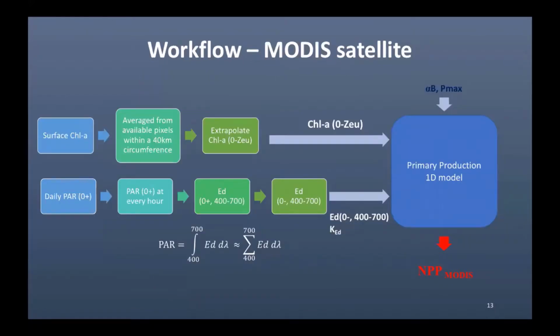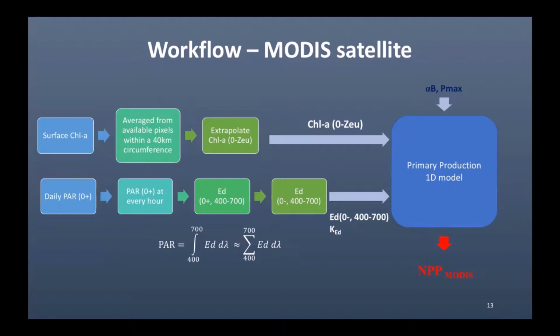For the satellite data, the surface chlorophyll concentration is averaged from the nearest 100 pixels available within the 40-kilometer circumference of the CCycler location. Then I extrapolate the chlorophyll profiles up to the euphotic depth.